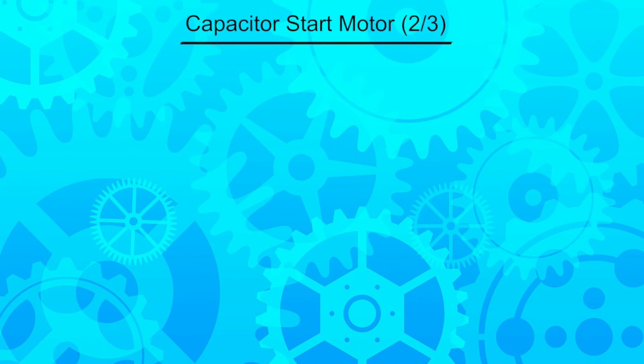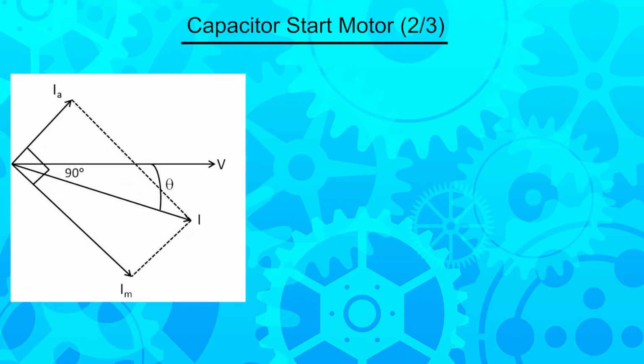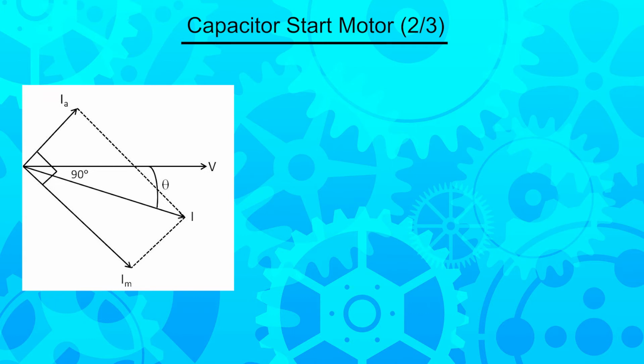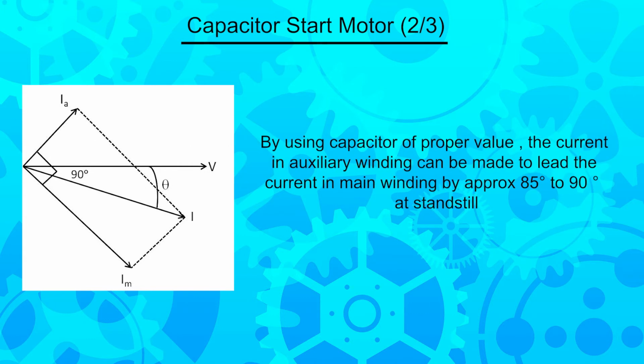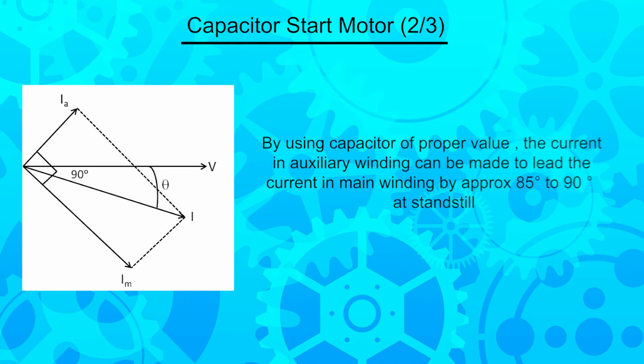The current in the auxiliary winding is capacitive. So, by using a capacitor of proper value, the current in the auxiliary winding can be made to lead the current in the main winding by approximately 85 to 90 degrees at standstill.